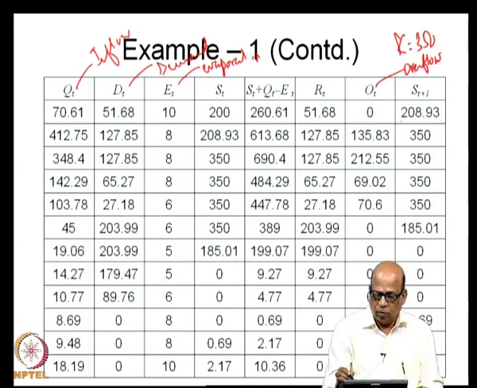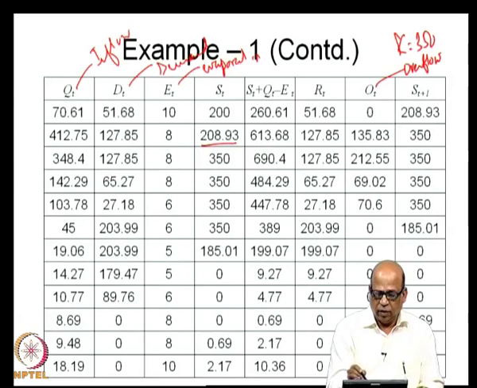Now, this storage at the end of the time period becomes the storage at the beginning of the next time period. Again, look at S T plus Q T minus E T, that comes to 613.68. Then look at the demand 127.85. Because you have enough water here, you make R T equal to D T, 127.85.